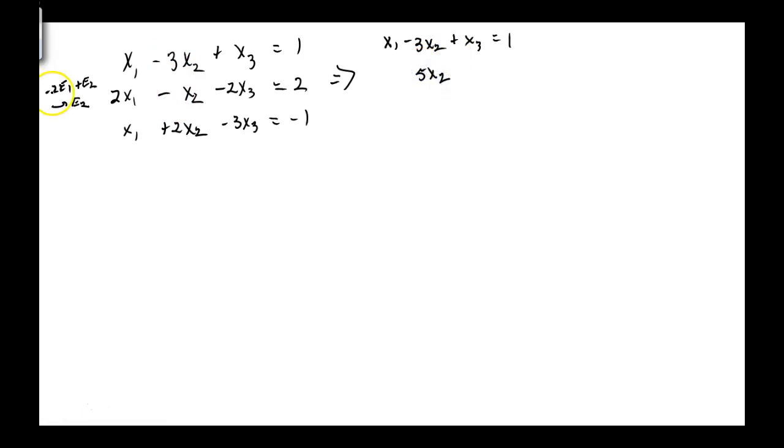Minus 2 times 1 is negative 2. Minus 2 is? No, we're not multiplying, we're adding. Minus 4x3. And minus 2 times 1 is negative 2, plus 2 is 0. Right?